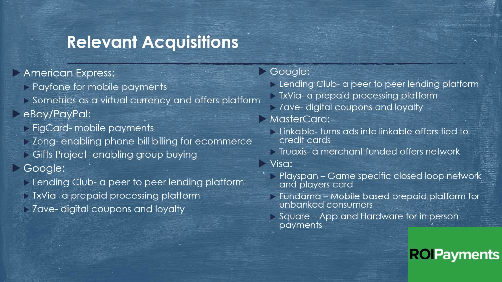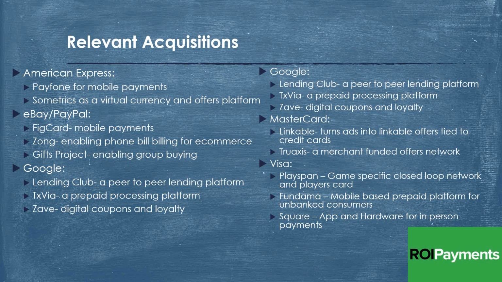Visa also made a significant investment in Square. Square, as hopefully you have seen here and there, is a hardware platform that plugs into your phone, whereby you can take credit cards in a relatively seamless fashion. Square is an aggregator, but Visa is backing Square because they see that may be a significant piece of the future for payments.